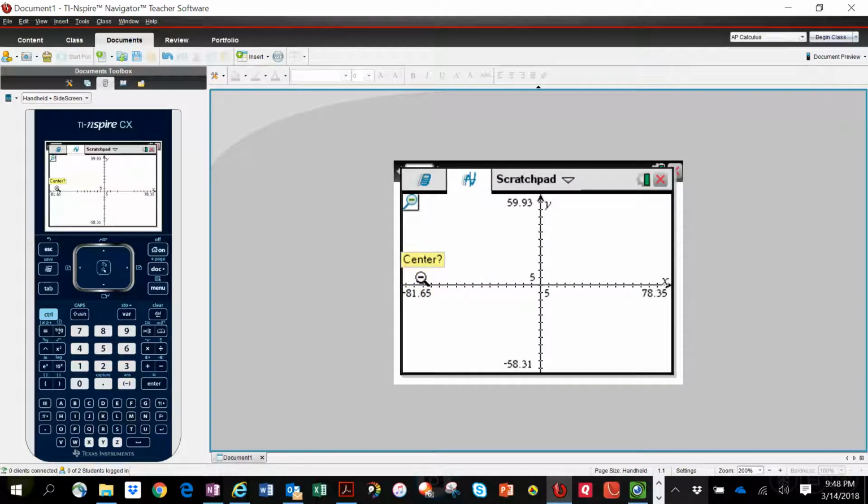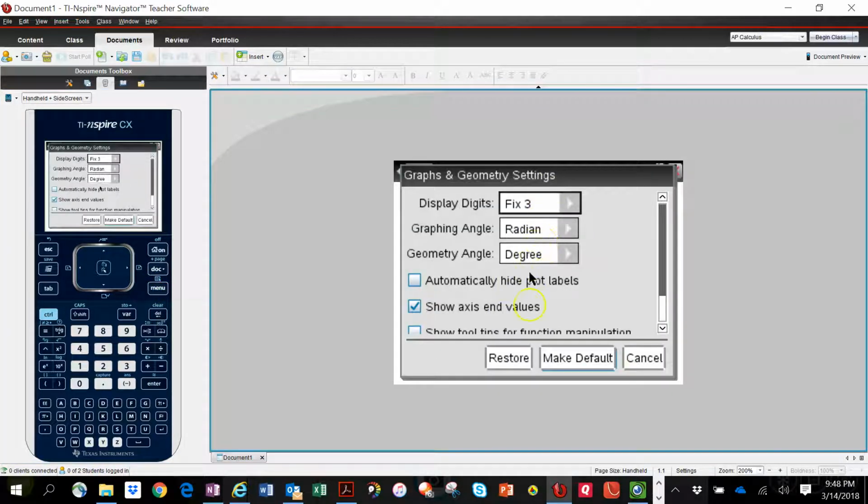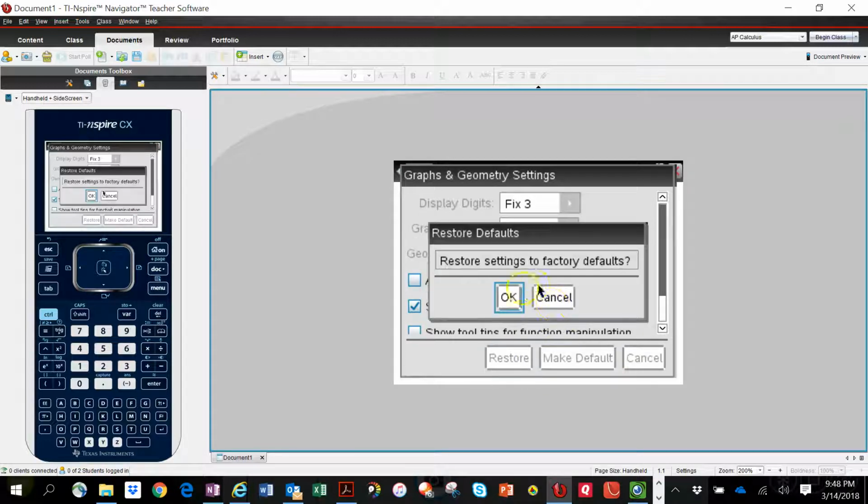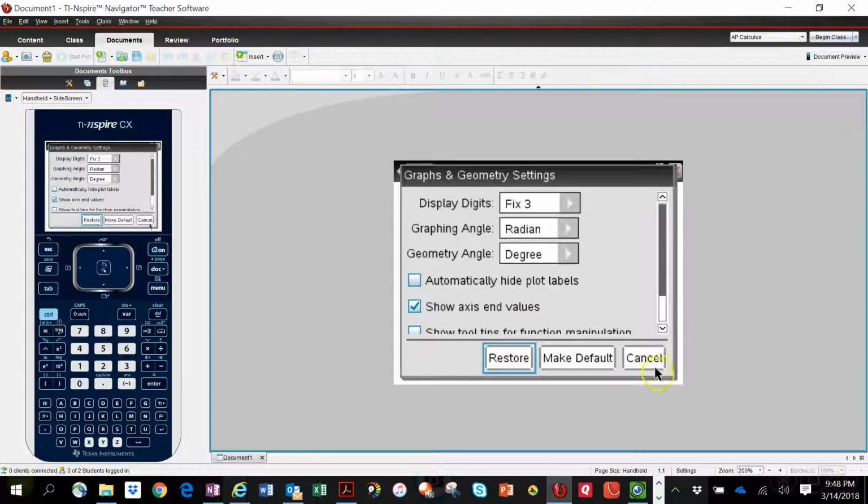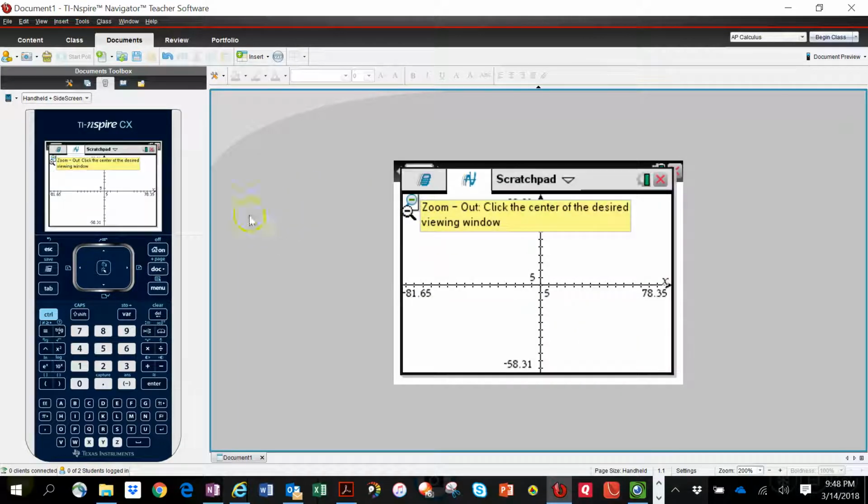And I'm wondering where my graph is. It should be showing up. Let's see, menu, settings. Let's make sure I'm in radian mode. Okay, good, that's what I want. Let's make sure that I actually type that equation in. Look at that. F1 equals 2 equals. That's the problem.